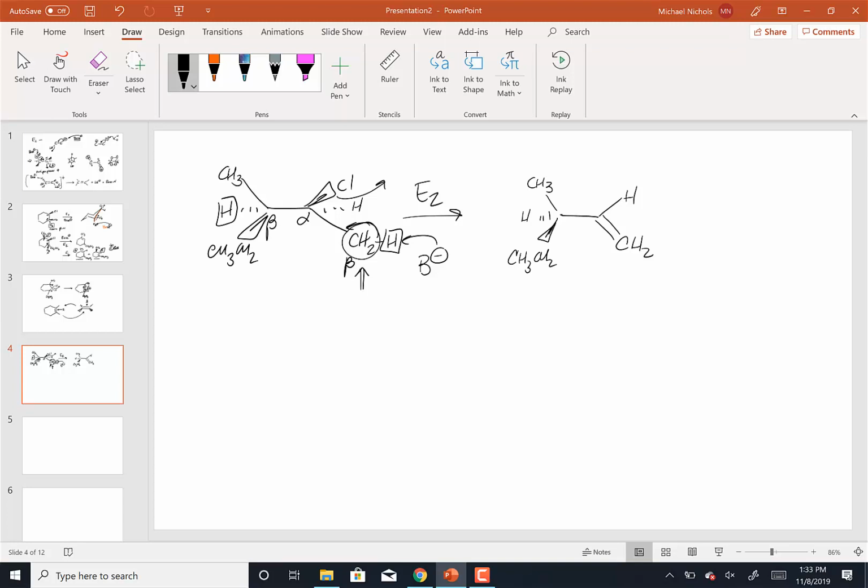Okay. Now let's deal with the left one. Let's deal with this one. So if we deal with that one, is it anti-periplanar to the chlorine?